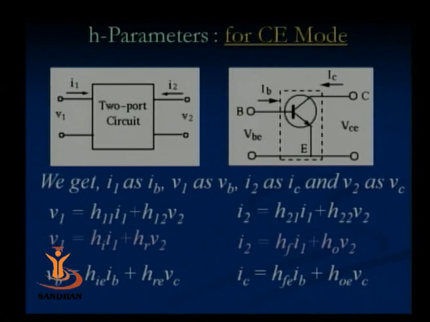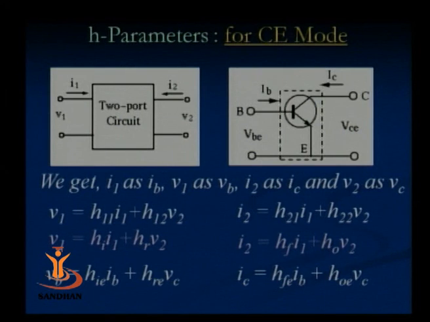Now here in this last equation, we have used a suffix E. E stands to indicate that these H parameters are for a transistor operated in common emitter mode. So everywhere with HI, HR, HF and HO, E is incorporated to indicate common emitter mode.